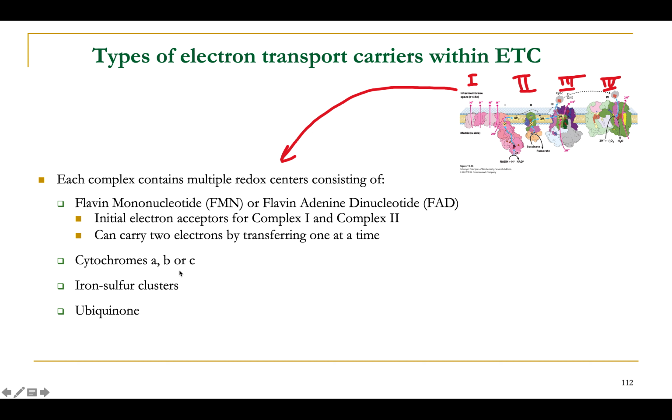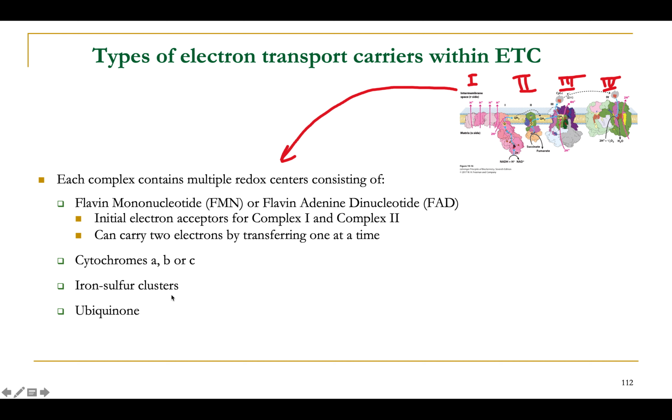Second class are cytochromes, proteins which could be subclassified into 3 categories: cytochromes A, B, and C, and generally have high electron affinities as compared to the flavin-based electron carriers.